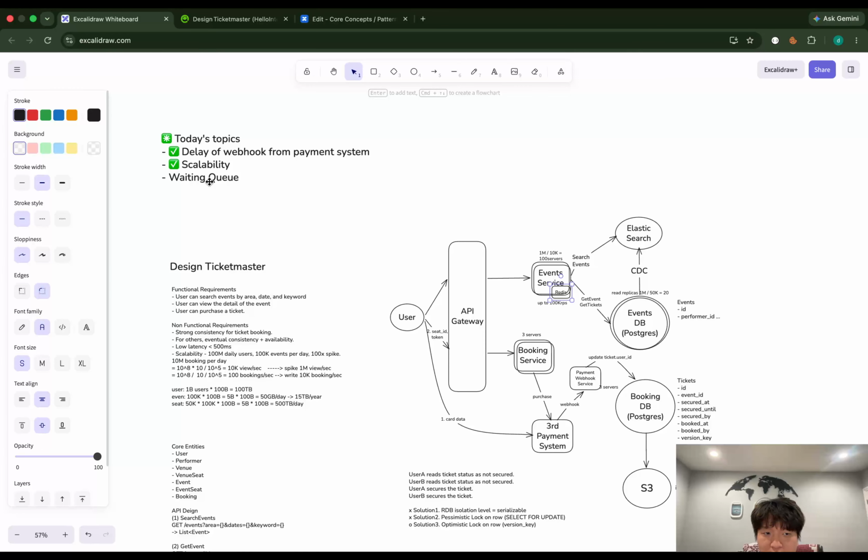There are 50k seats, and there are so many users coming to the website, and they try to book the seat. In that case, firstly, the seat is shown as available.